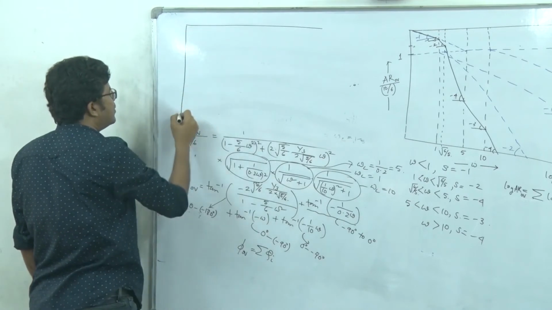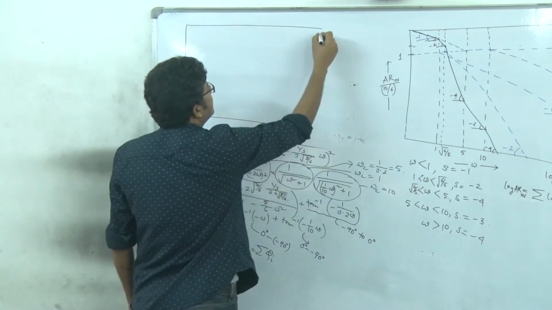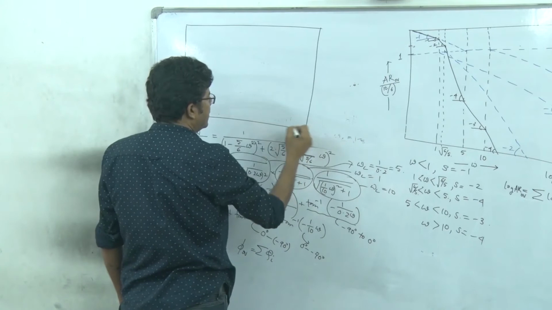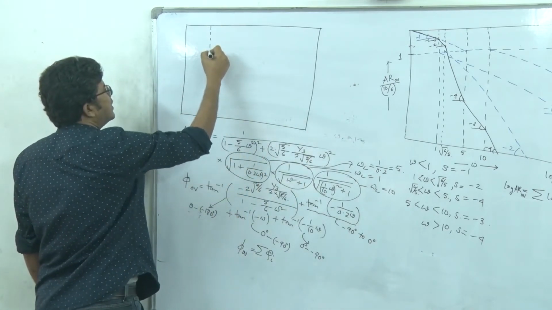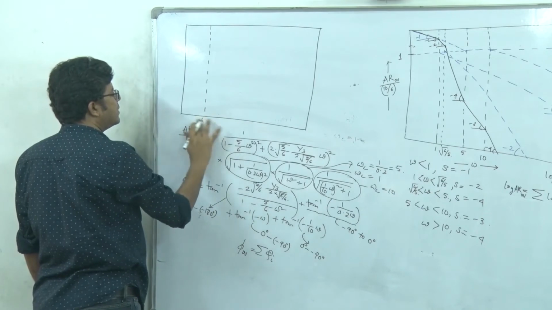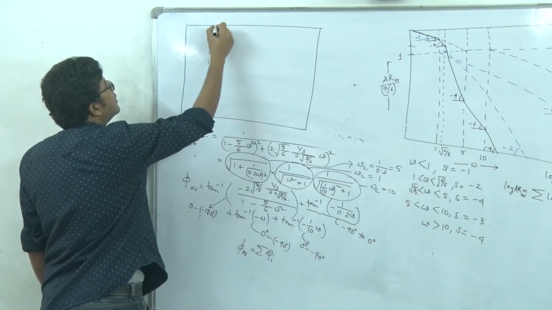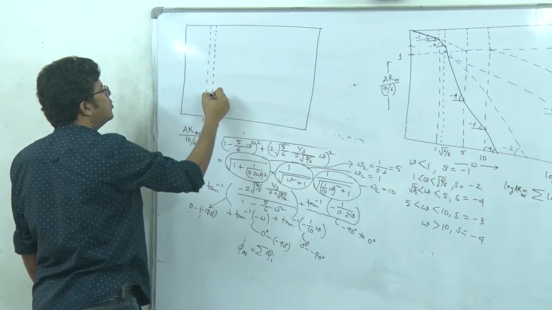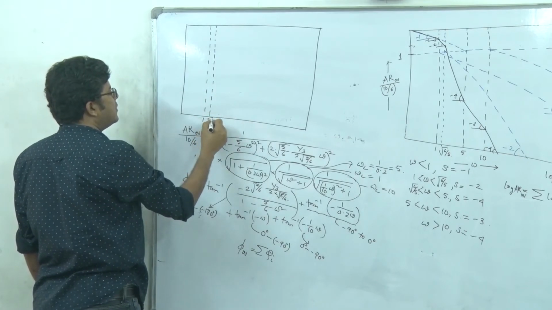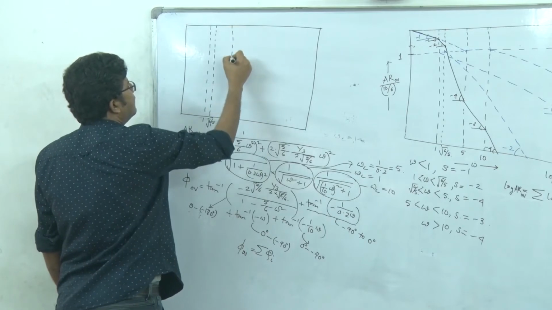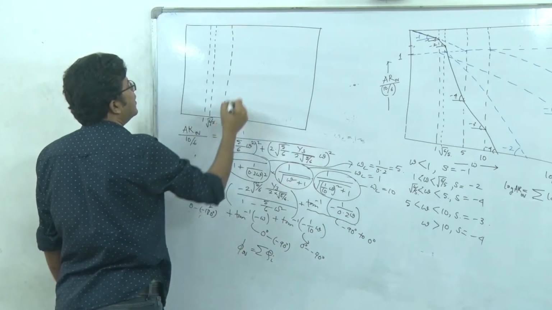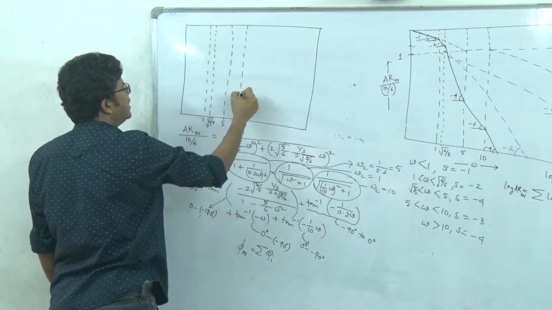So now here again this omega equal to 1, then equal to root 6 by 5, then equal to 5, and finally to 10.